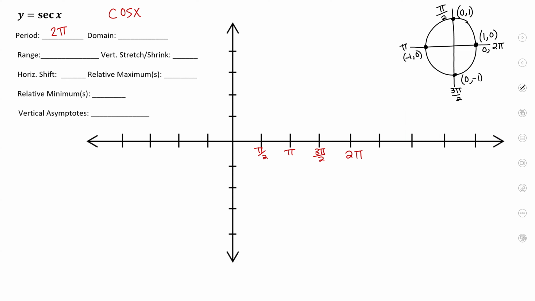Now notice cosine is 0 at 3 pi/2 and it's 0 at pi/2, right? So that means secant is undefined at these two locations, because if you flip those fractions, you'll get 1 over 0, right? So that means I'm going to have asymptotes at those two locations.